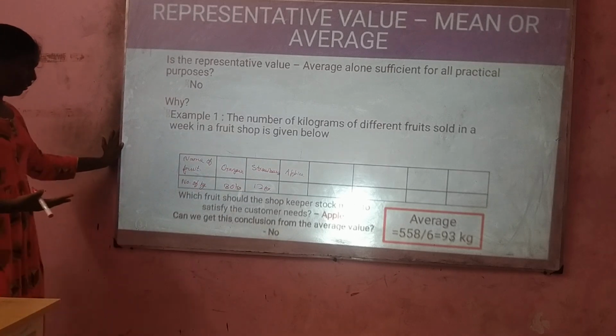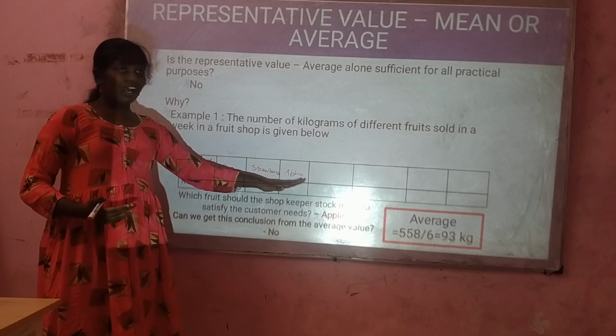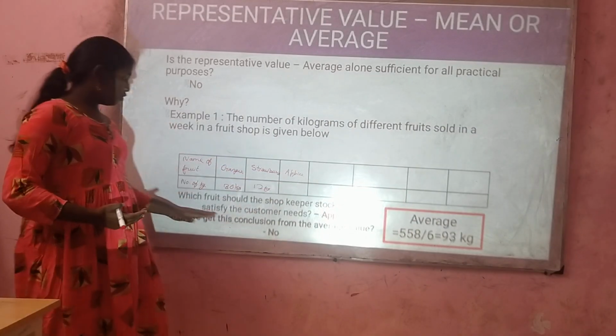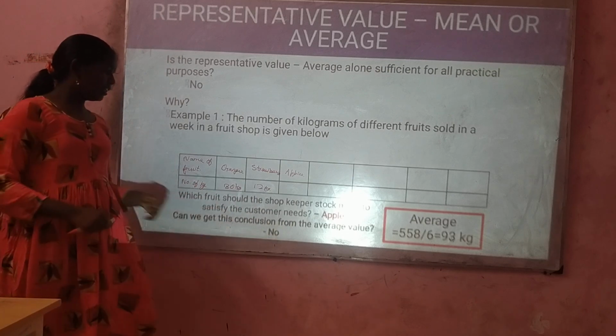So which fruit should be stocked? Suppose we have apples as the highest number. So which fruit should the shopkeeper stock more to satisfy the customer needs?